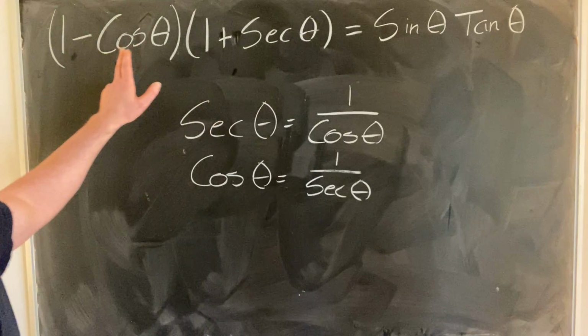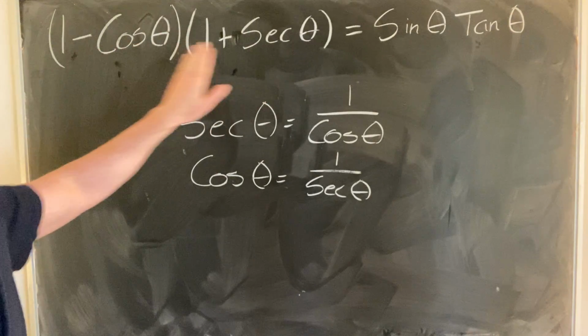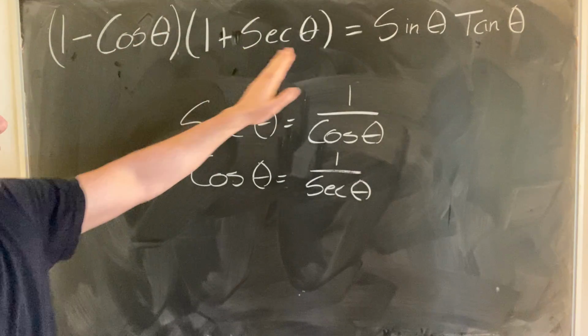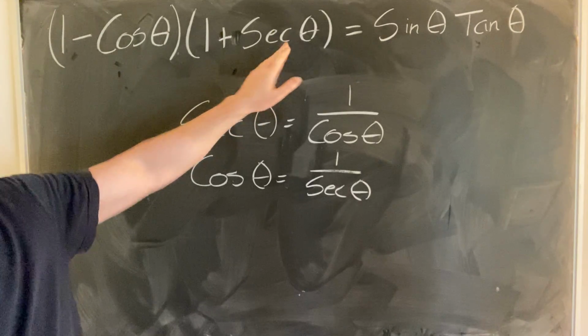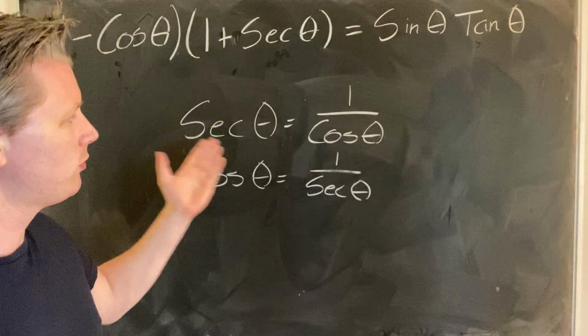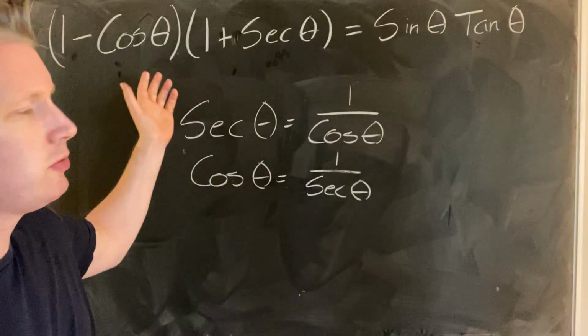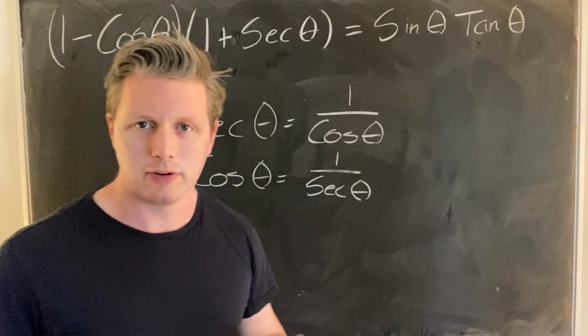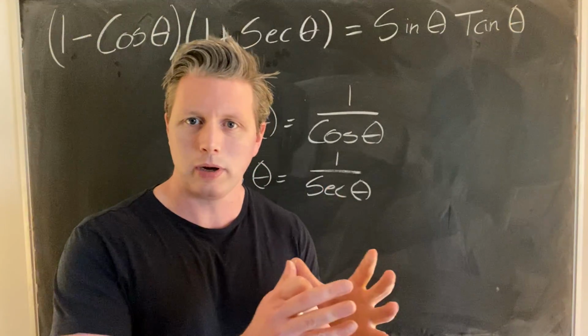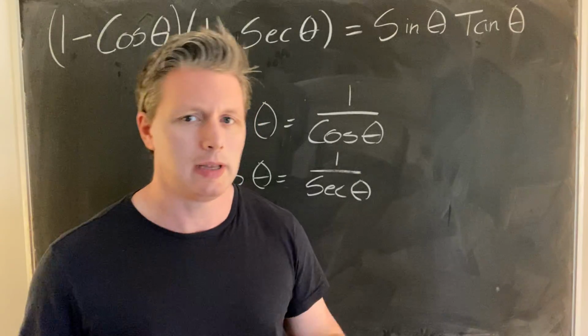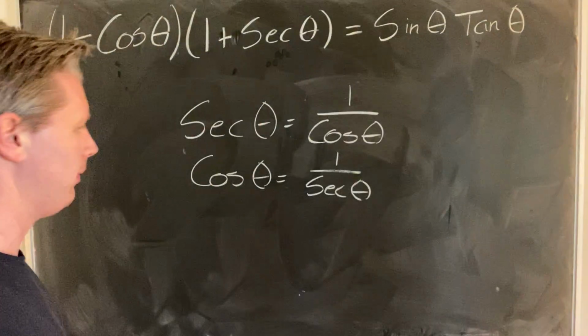Okay, so although it looks like I have two completely different things here, cosine and sec, perhaps I can use this relationship to have equivalencies, to end up with only one ratio, which would be a little bit easier, I think. All right, so let's get into it.